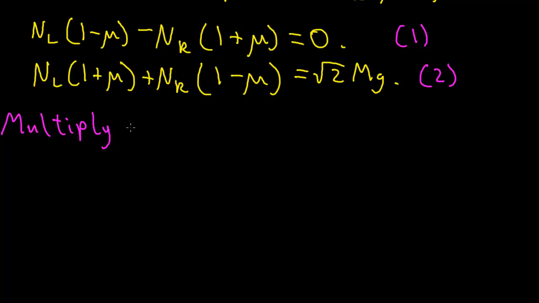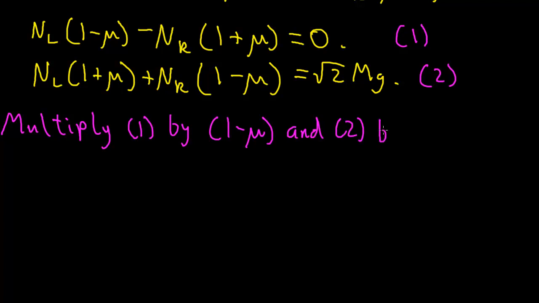So multiply 1 by the quantity 1 minus mu, and 2, the lower equation, by 1 plus mu. When we do that, we see that this guy will have an n sub r times 1 minus mu times 1 plus mu from both terms, and this guy will also have an n sub r times 1 minus mu, 1 plus mu, and they have opposite signs, so these two will cancel if we add them.